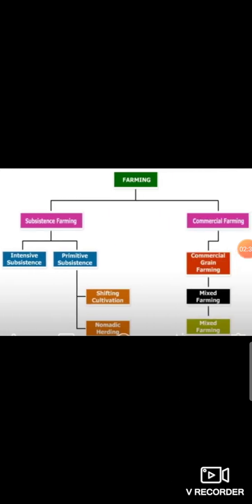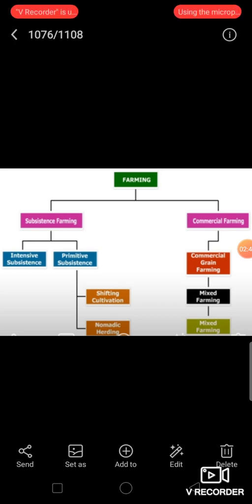Subsistence farming is also divided into two: intensive subsistence farming and primitive subsistence farming. Primitive subsistence farming is also divided into two: shifting cultivation and nomadic herding. Commercial farming is divided into four: livestock ranching, commercial grain farming, mixed farming, and plantation farming.